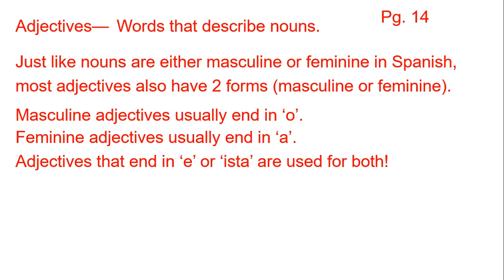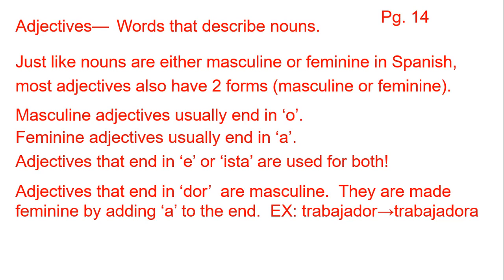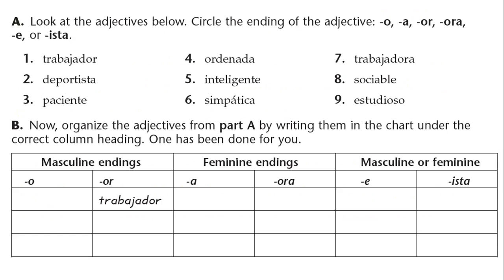Those are gender neutral. They can work for anybody. Adjectives that end in DOR are masculine, and they're made feminine simply by adding an A to the end. So trabajador, hardworking, would be describing a man or a male, and trabajadora would be describing a female.